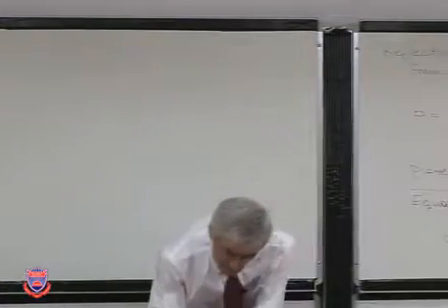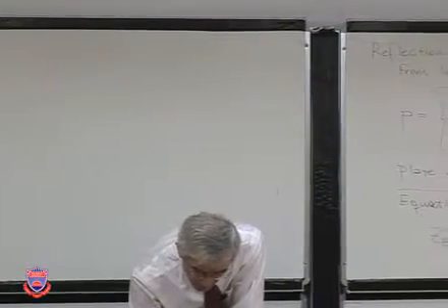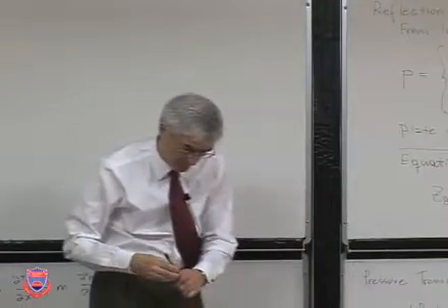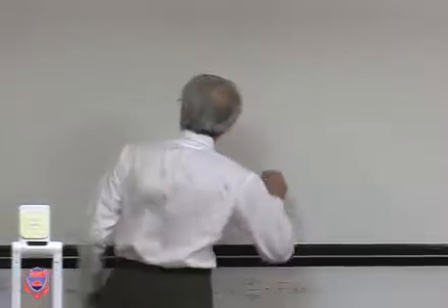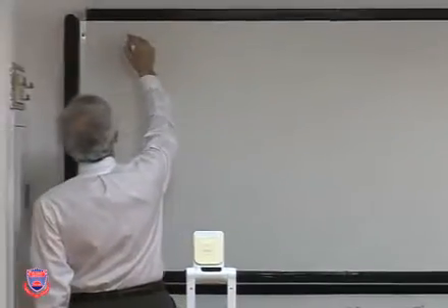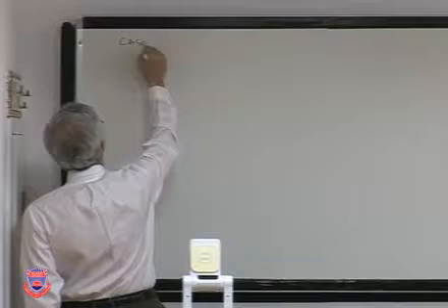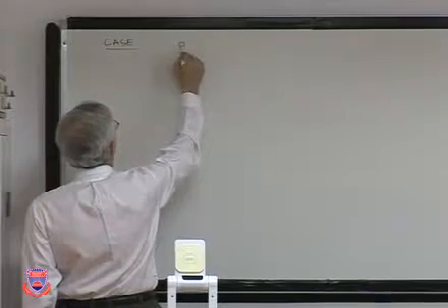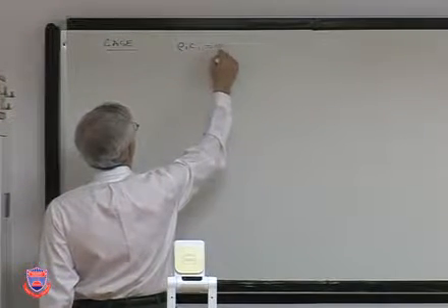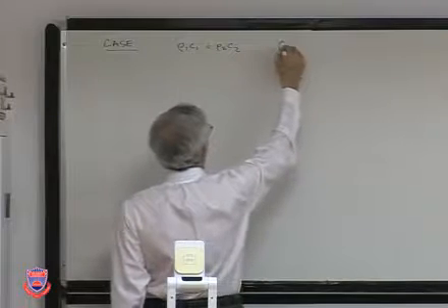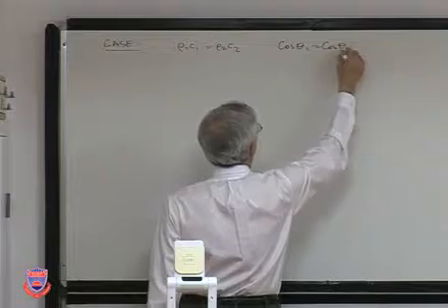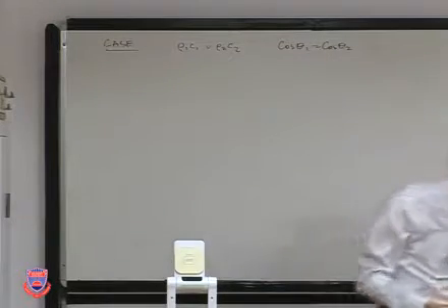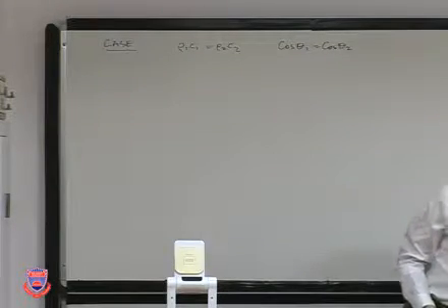This is homework number 4. Let's consider the case rho 1, C1, rho 2, C2, and of course cosine theta 1 is cosine theta 2, or theta 1 is equal to theta 2.